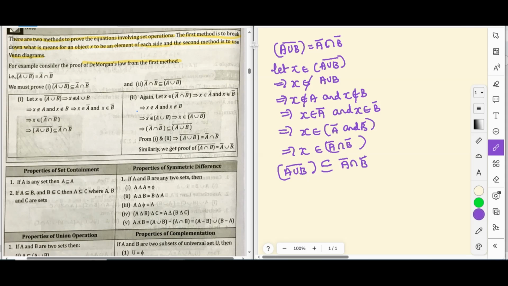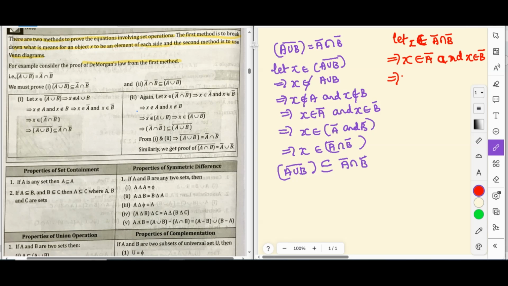Okay. Then we prove the other side. Let x belong to A dash intersection B dash. This implies x belongs to A dash and x belongs to B dash.